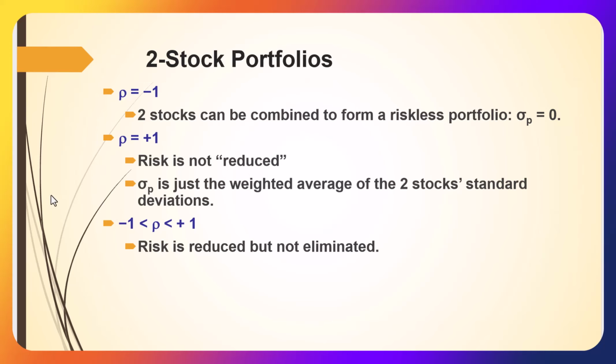If the correlation is +1, risk cannot be reduced at all, right? The standard deviation is just a weighted average of the two stocks' standard deviations. However, if it's between -1 and +1, which is where we think most things are, obviously, risk is reduced but not eliminated.